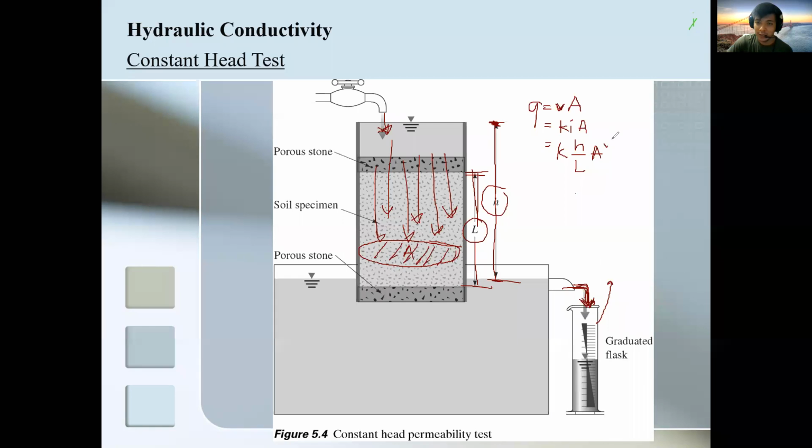Now we have A, we have H, we have L, and we also have Q. So what is left in our equation is the hydraulic conductivity.